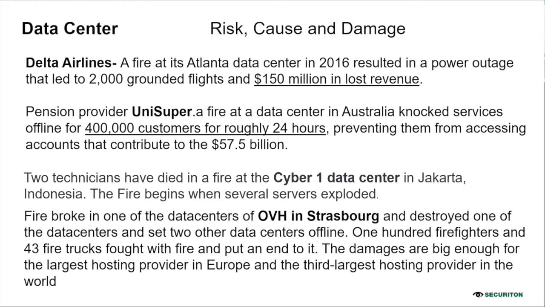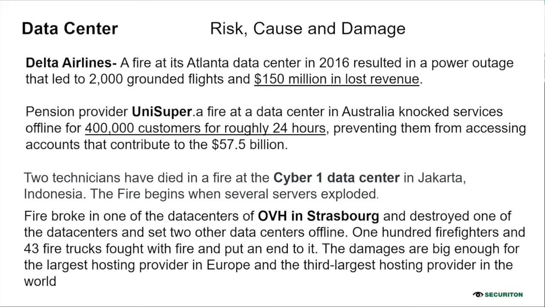Pension provider Unisuper had a fire at a data center in Australia that knocked services offline for 400,000 customers for roughly 24 hours, preventing them from accessing accounts that contribute to the $57.5 billion.